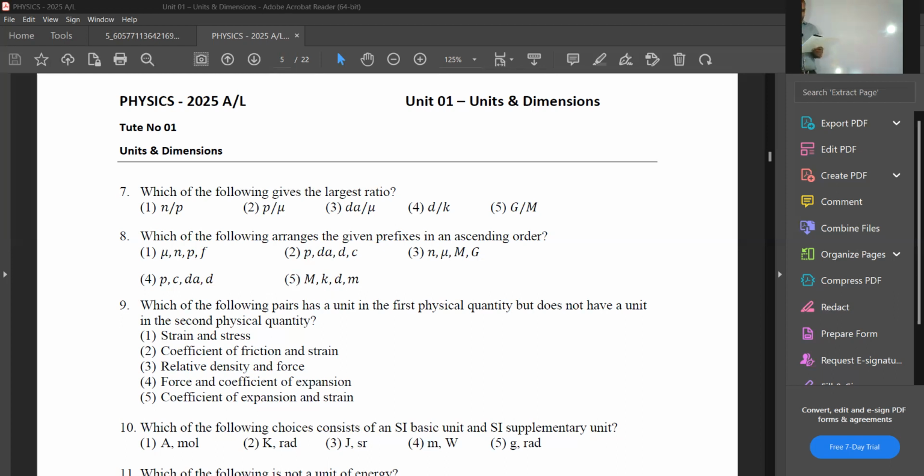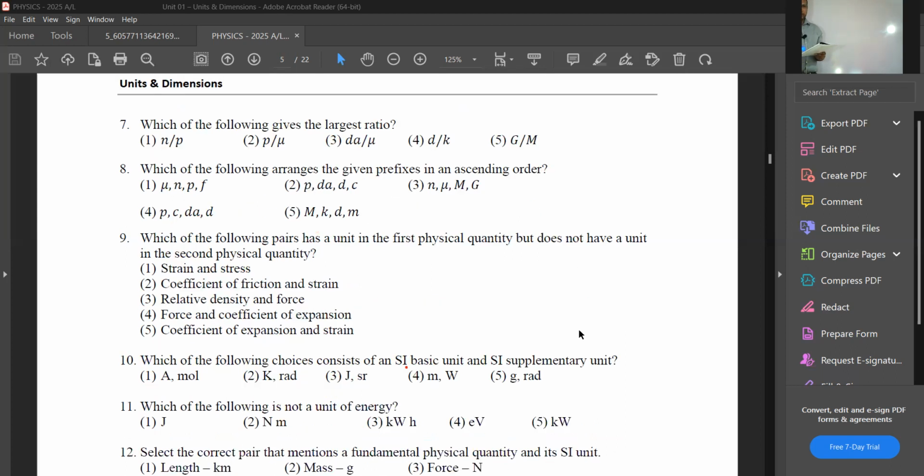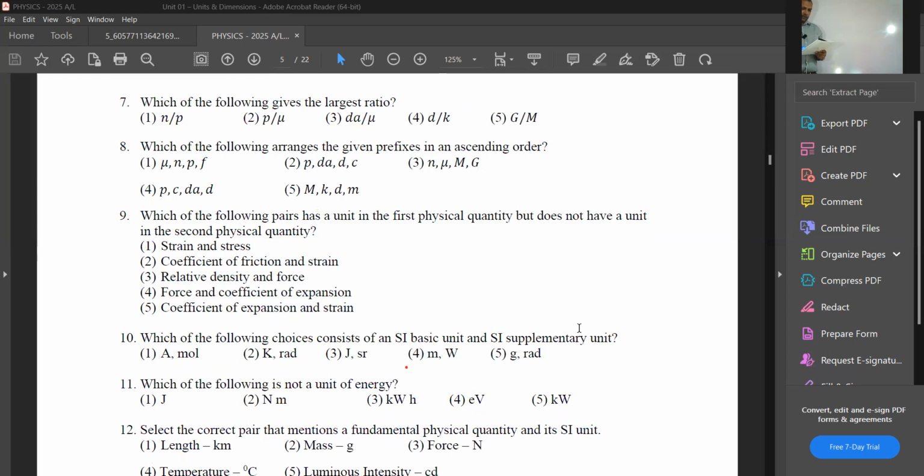Okay. Then the ninth one. So what is the answer for the ninth one? Which of the following pairs has a unit in the first physical quantity but does not have a unit in the second physical quantity?